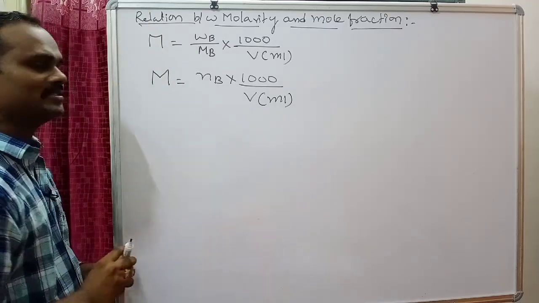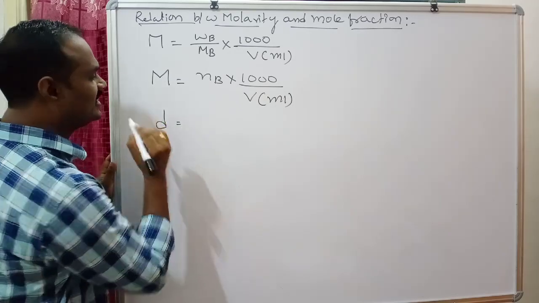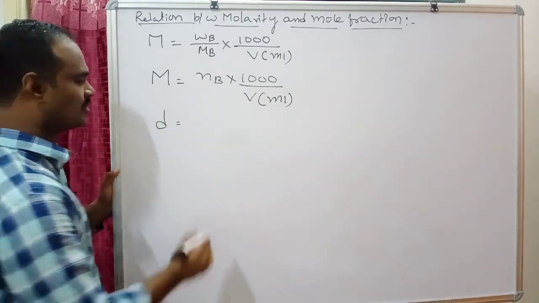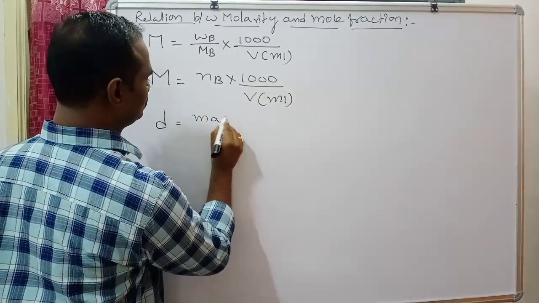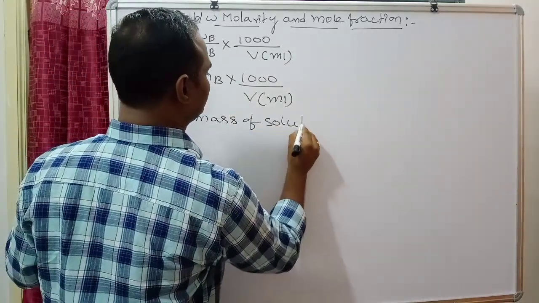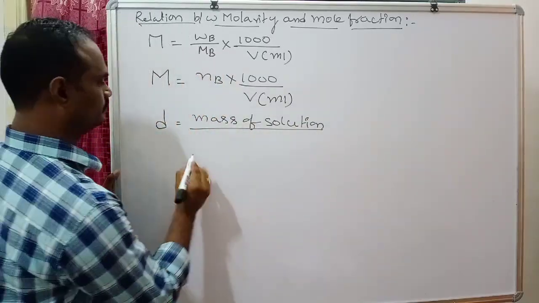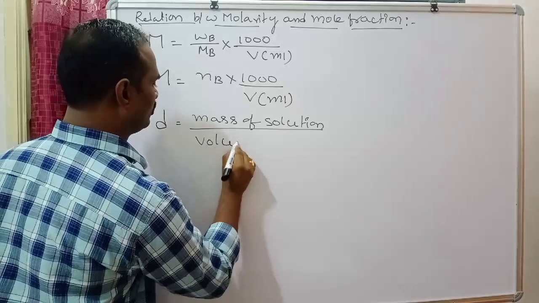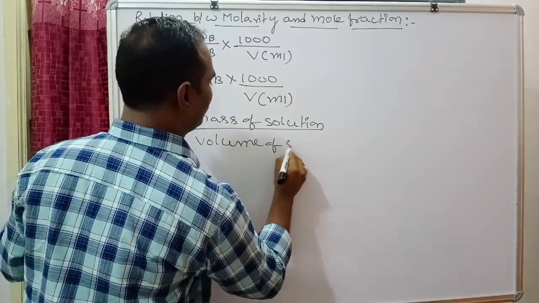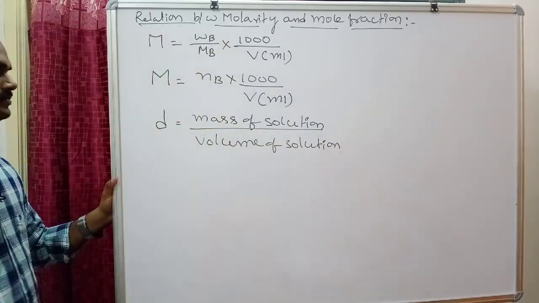Next, come to the density formula. Density of solution is equal to mass of solution by volume of solution.